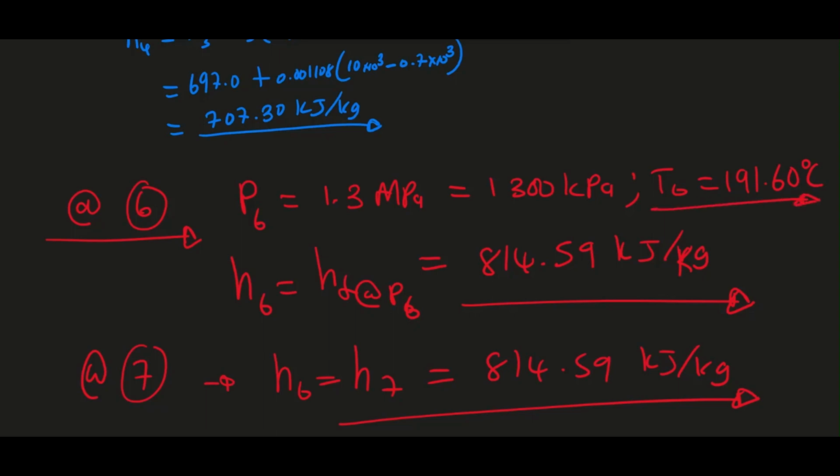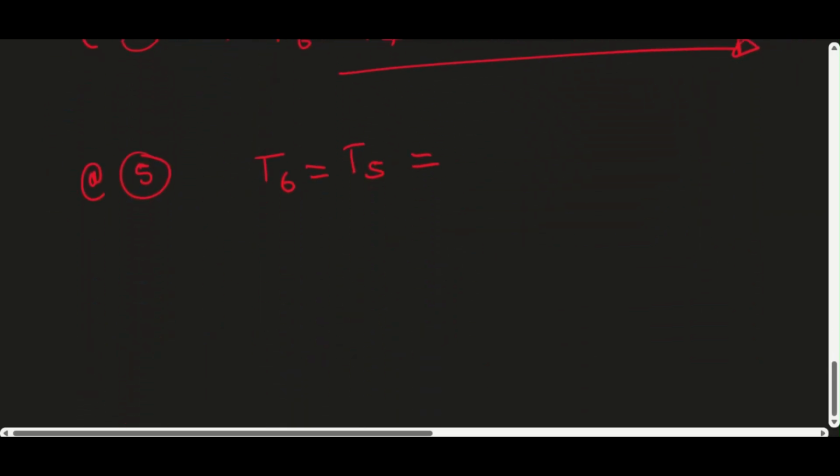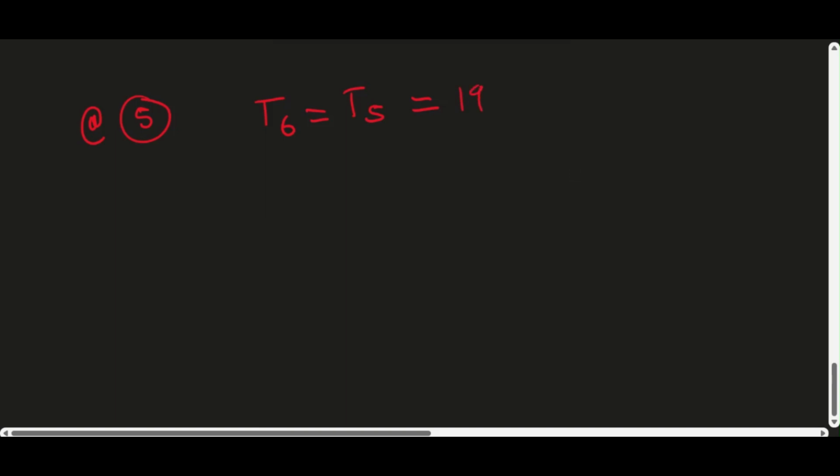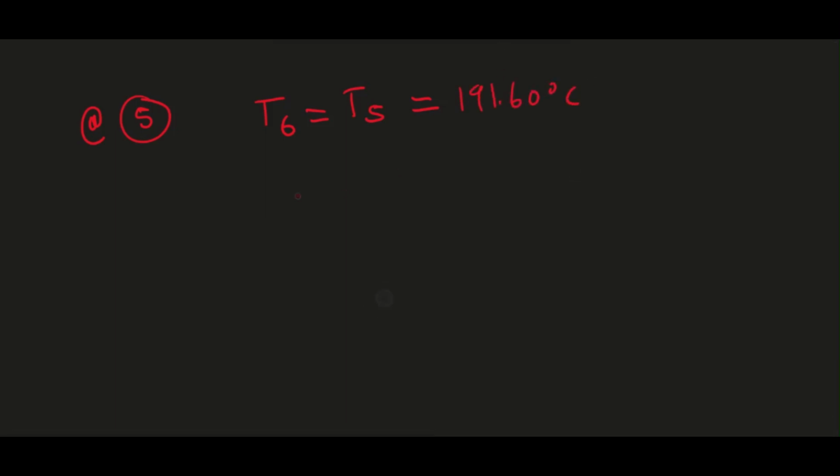So at 191.6, I just go there and I read off my H5: H5 equals HF at T5, which is equal to T6.